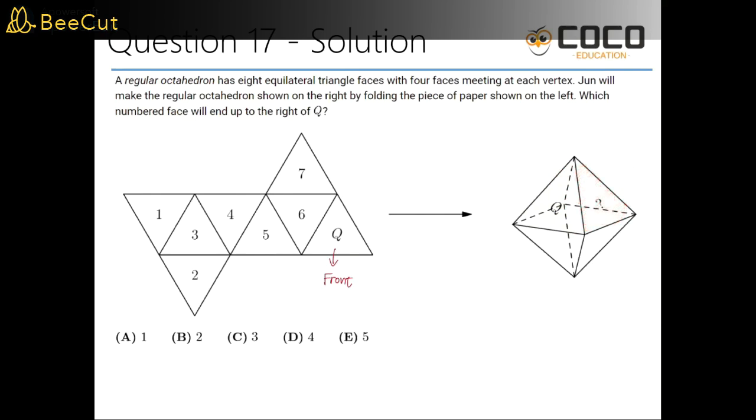Now first it's easy to see that the one on the left of Q is the one with the number 6. So we can highlight this on the figure. And then when you fold it, this 1, 5 goes to the bottom left.